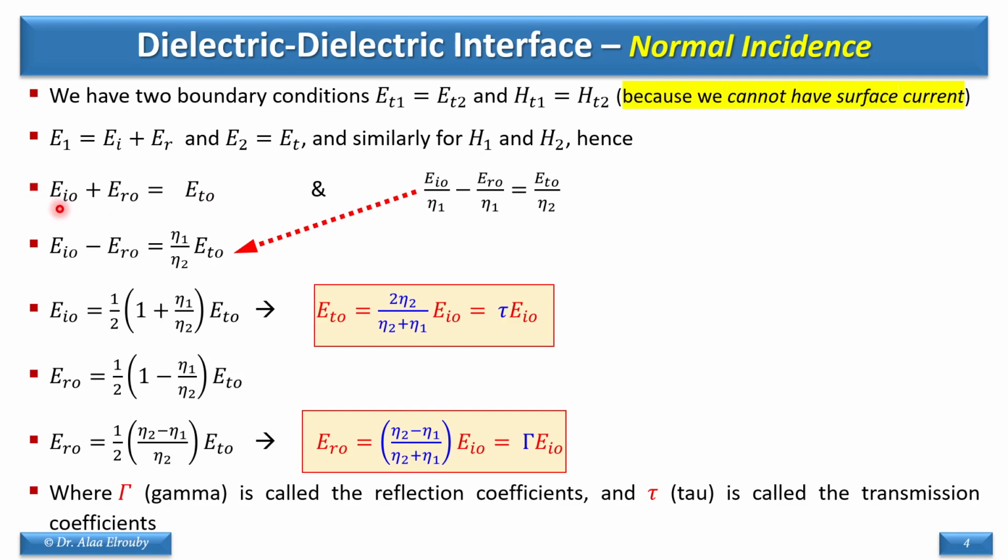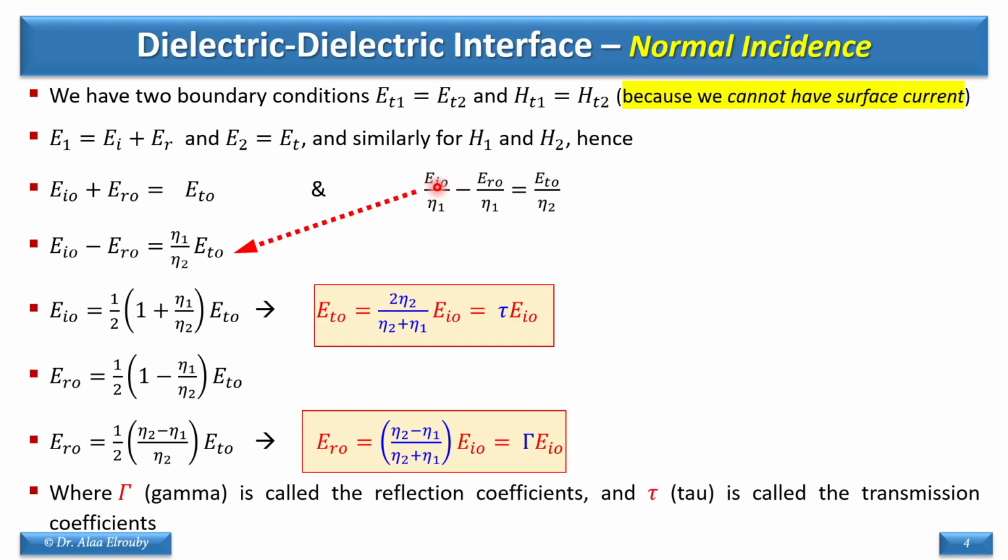So the tangential component in media 1, which is the left side, equals the tangential component in media 2, which is the right side. For the boundary condition for H, because this is a dielectric interface, there is no surface current on the interface, so the magnetic field in media number 1, the left side of this equation, equals the magnetic field in media 2, the right side of the equation.